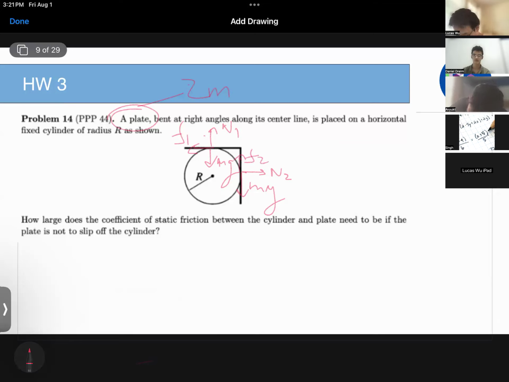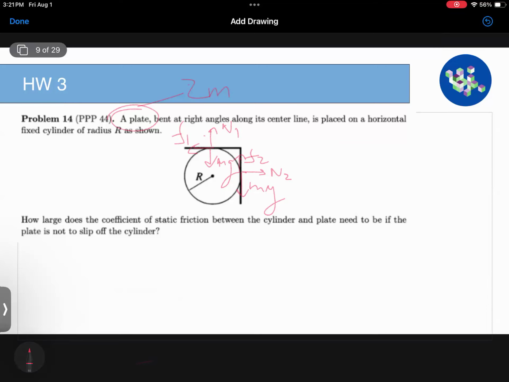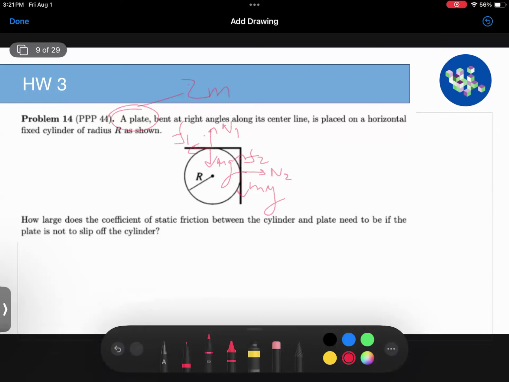Okay, now we want to basically set all the forces and torques equal to 0 on the system. Let's do some force balance. In the horizontal direction, there are only 2 forces, F1 and N2. First of all, F1 equals mu1 N1. So let me first replace that on our diagram.